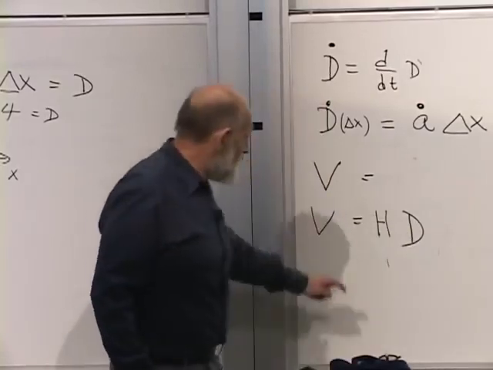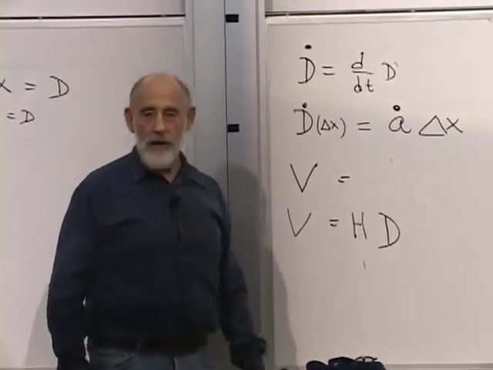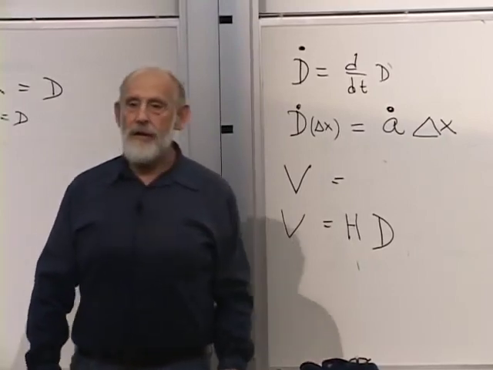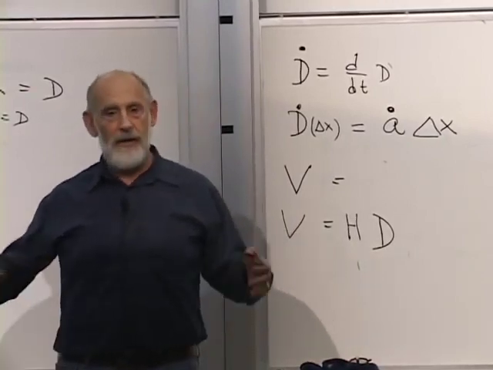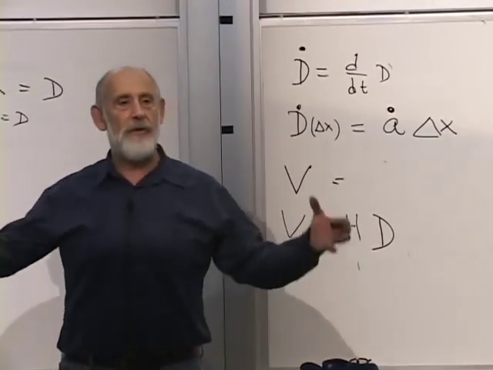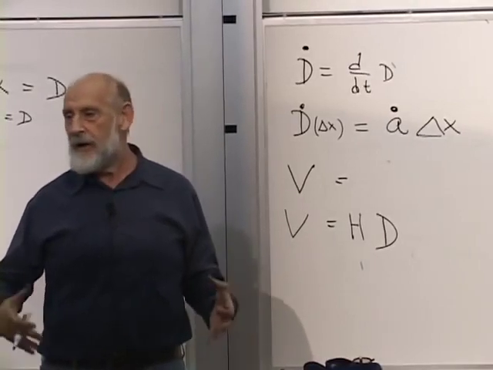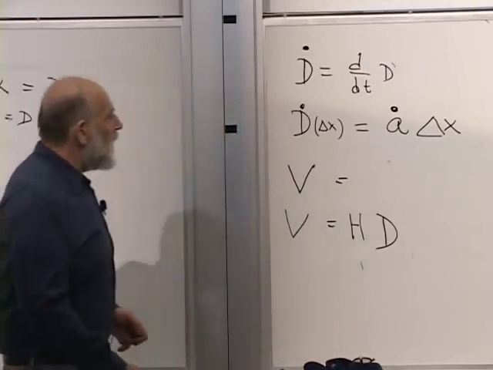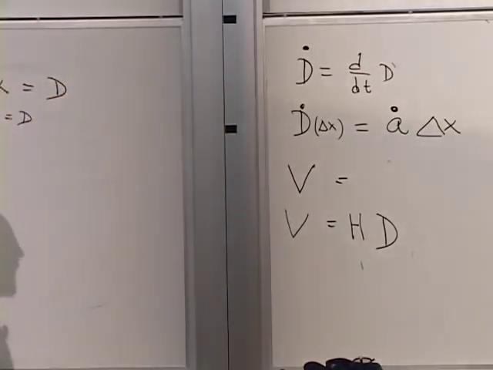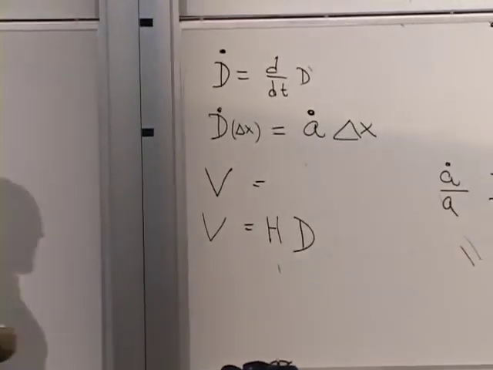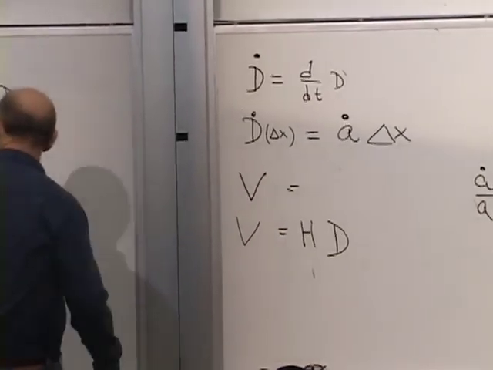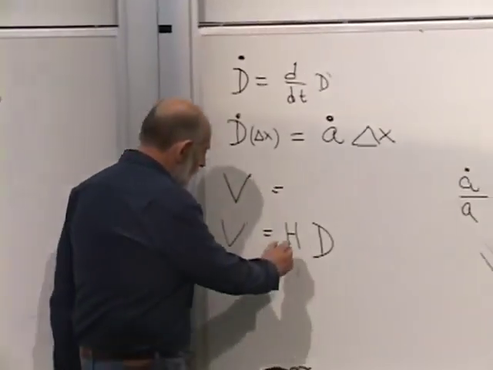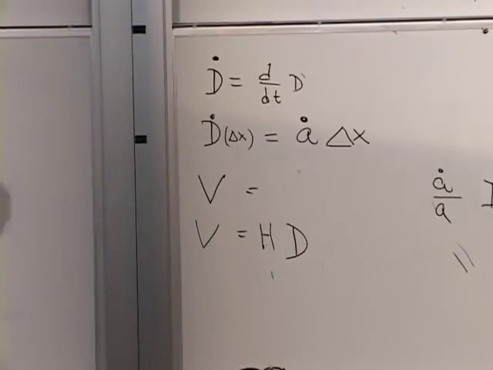So the Hubble constant, which I prefer to call the Hubble parameter. Calling it constant makes you think it's like the electric charge of an electron, something that really doesn't depend on anything. No, the Hubble constant is a function of time, but it's not a function of which galaxy we're talking about. All right? So, what does this say?